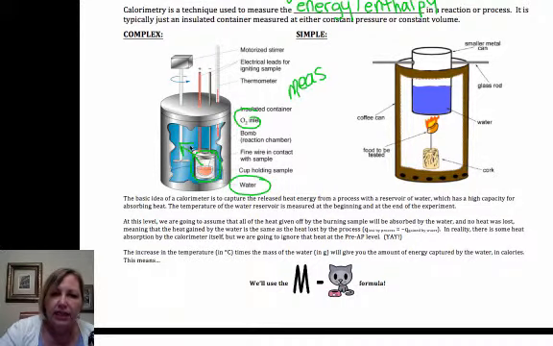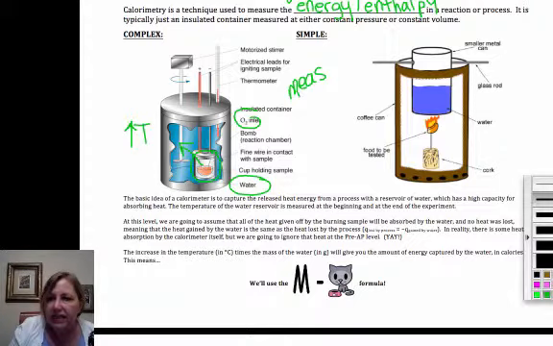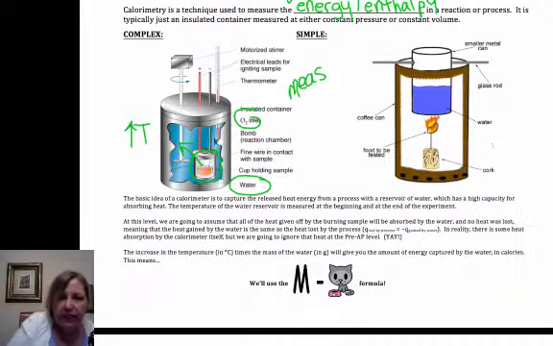Okay, so the combustion's going to release heat, so the temperature of the water should increase. Now, in the real world, they also consider the fact that not only does the water absorb heat, but the calorimeter itself can absorb some heat.